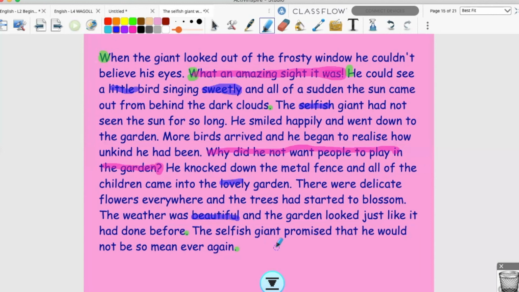So I'm not just writing boring sentences, I'm trying to make them as interesting as possible. We can always add some extra detail in our writing tomorrow when we come to edit it. But for now, use your plan, think of your sentences in your head before you write them, and have a really good go at writing the end of your story using all the points in your plan. I'm sure you're going to be brilliant.